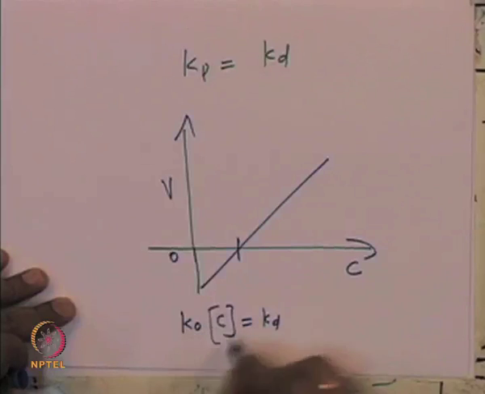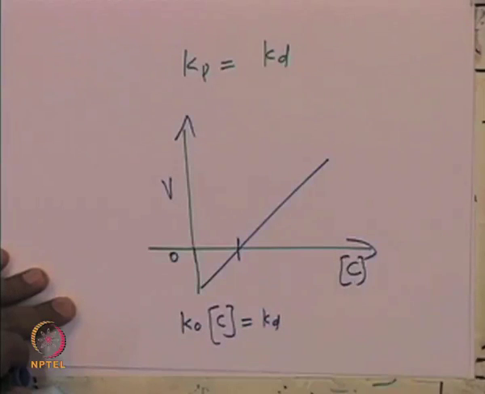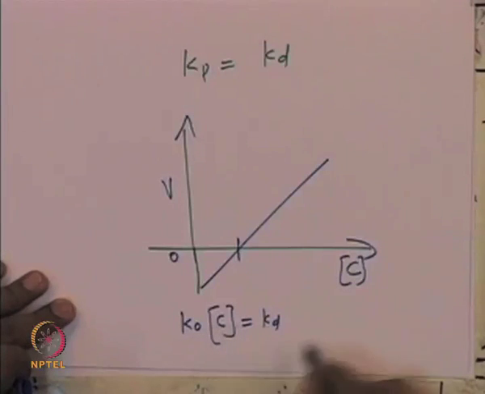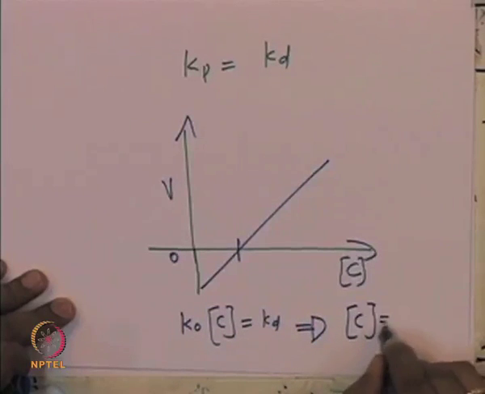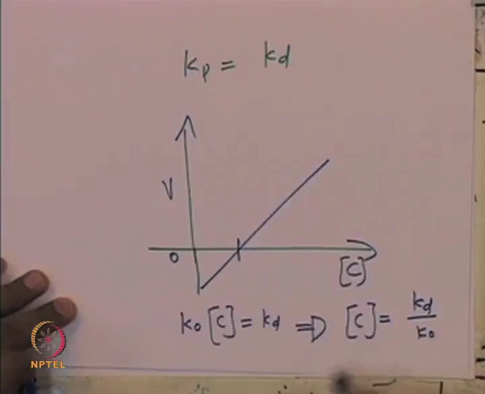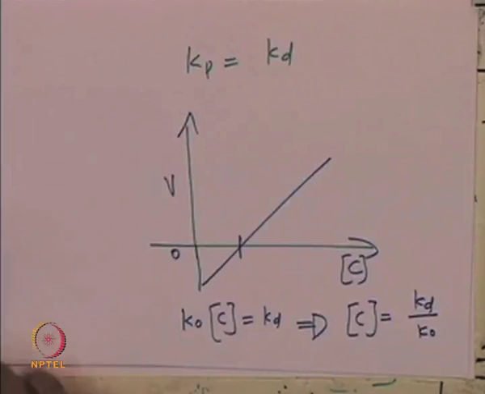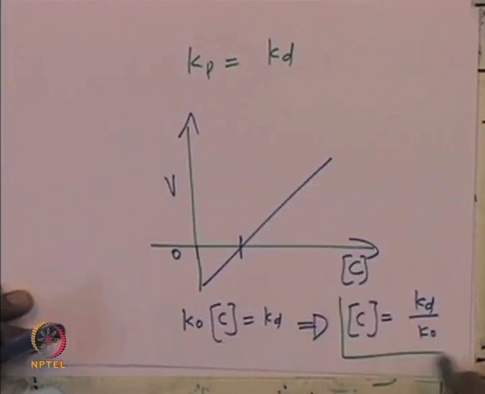So, C is the concentration, and the concentration at which they are equal is Kd by K0. This is known as the critical concentration. Kd by K0 will give you the critical concentration.